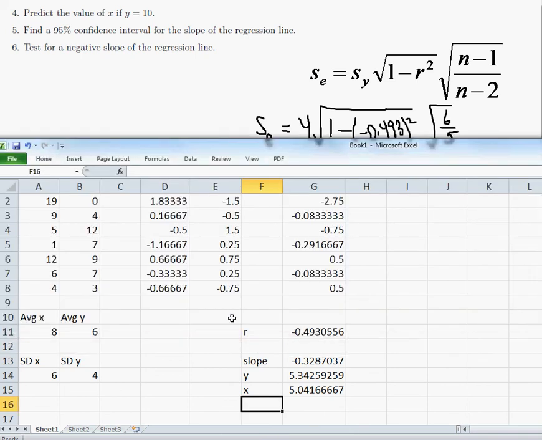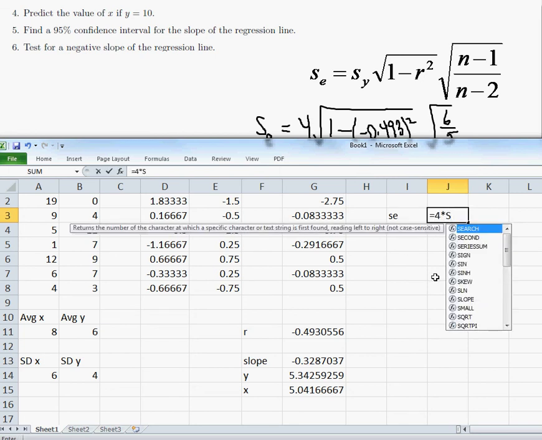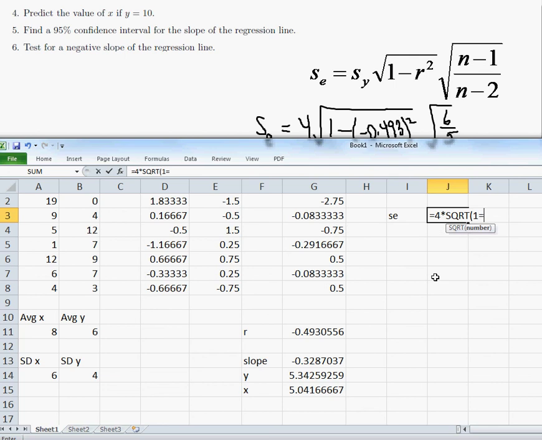So doing the arithmetic, S sub e is equal to 4 times the square root of 1 minus r squared times the square root of 6 over 5. So I get S sub e to be 3.8121.